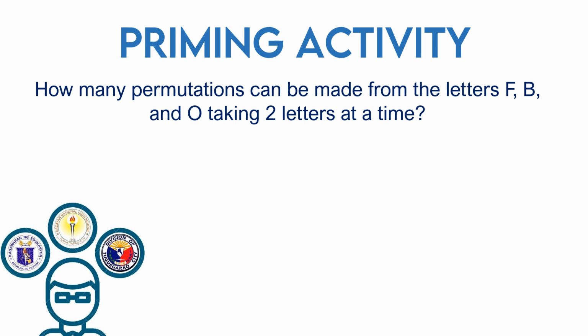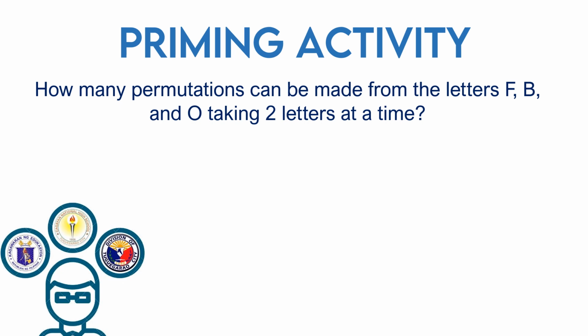That means it's 3 factorial over 3 minus 2 factorial, which is 1 factorial. And 3 factorial over 1 factorial simplifies to 6. So there are 6 permutations that can be formed from the letters F, B, and O, taking two letters at a time.